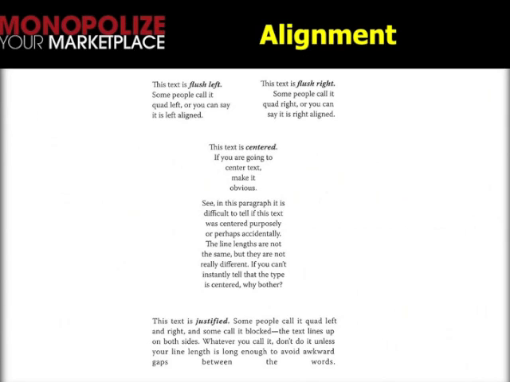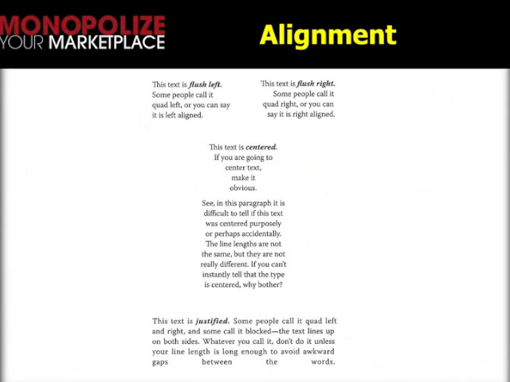Okay, so in terms of alignment, flush left or flush right, centered, I think I want to focus in on the centered. It says this text is centered. If you're going to center text, make it obvious. And then right below that, you'll see it says, see, this paragraph is difficult to tell if the text was centered purposefully or perhaps accidentally. The line lengths are not the same, but they're not really different. You can't instantly tell that the type is centered.